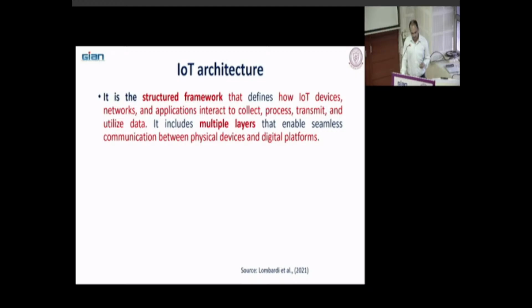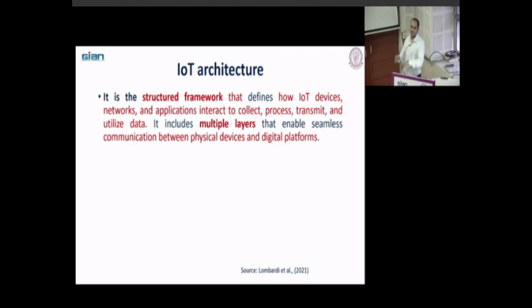There are some four or five types, but I am going to focus on three important IoT architectures. It is a structured framework that defines how IoT devices, networks and applications interact to collect, process, transmit and utilize data. So in the case of Amazon Alexa, it takes the command, then sends it to the cloud, analyzes it and executes it.